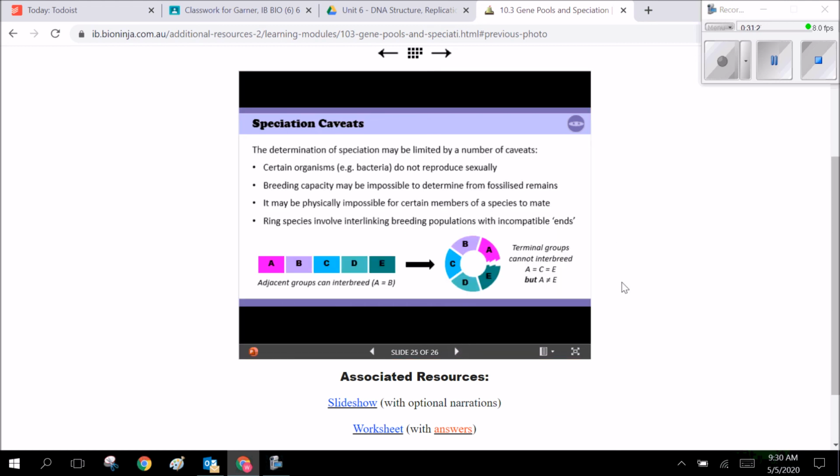And then we have this here. So speciation is, again, sort of a tricky business. Not everybody agrees on what constitutes a species. There are certain organisms that don't reproduce sexually, for instance. How exactly do you say that they are the same species or not? On the biological species concept, we base it off of whether or not they can reproduce. But if they don't reproduce sexually, what do we say?